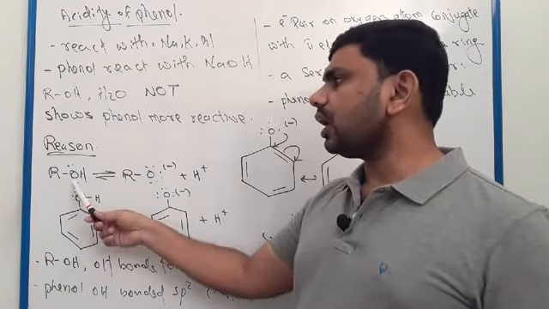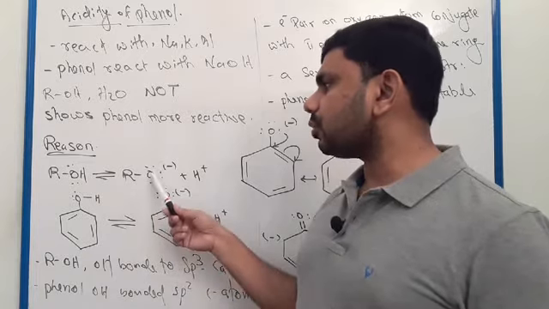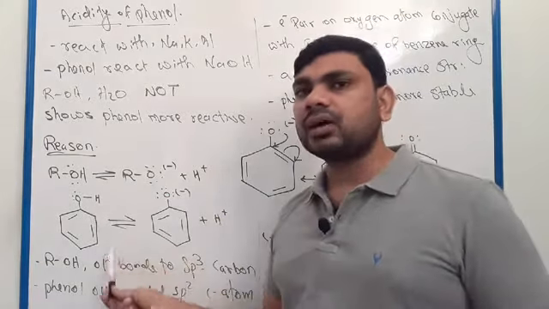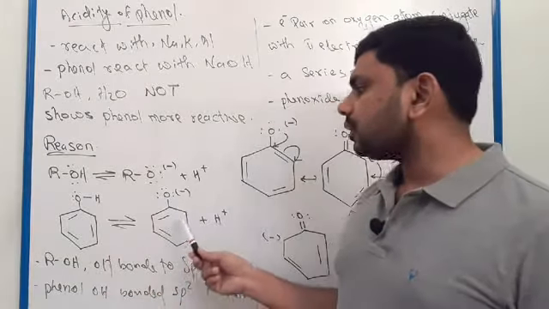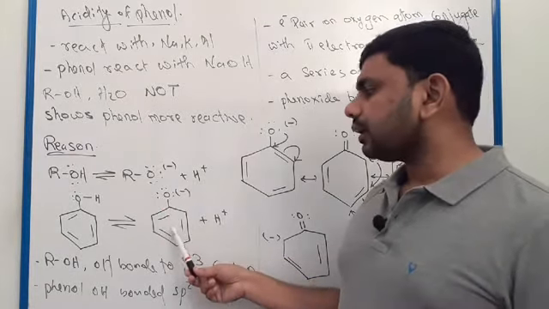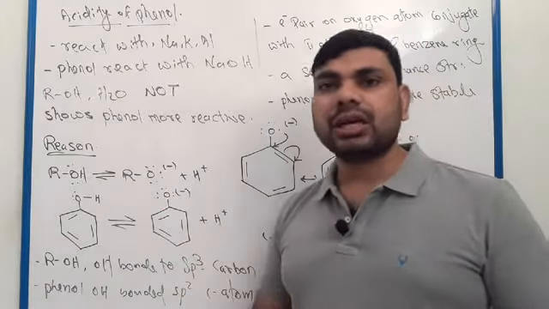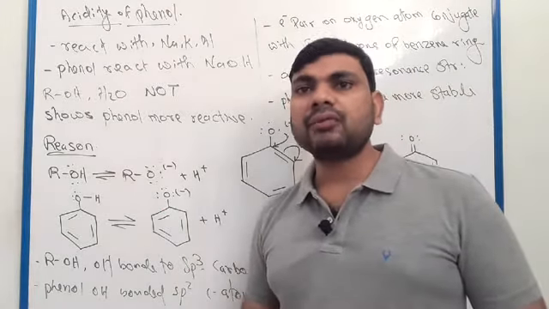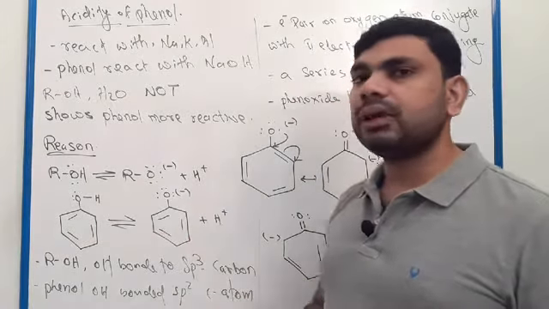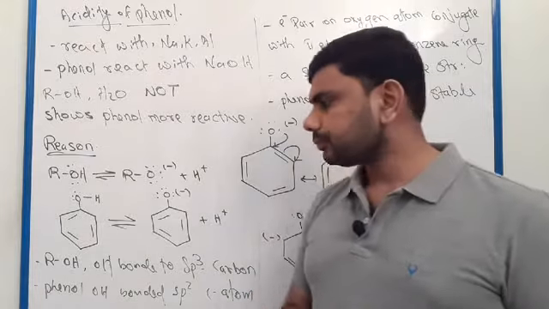Alcohol after ionization forms alkoxide and hydrogen ion. Similarly, phenol after ionization forms phenoxide. This is alkoxide, this is phenoxide, and hydrogen ion. Phenol after ionization, phenoxide and hydrogen ion will be formed. Clear?